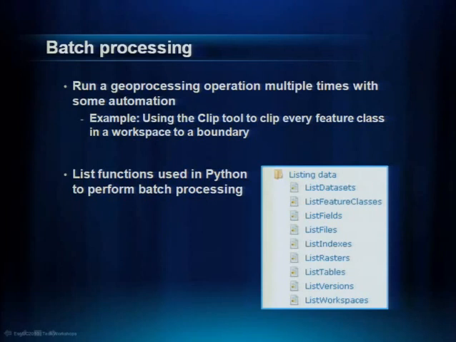Batch processing tasks often use the ArcPy list methods that I showed in the previous slide to create a list of data and then perform some operation on all of the data in that list. There are several of these list functions, like list feature classes, list rasters, list fields, and several others.